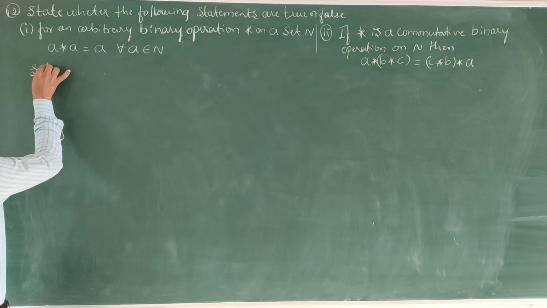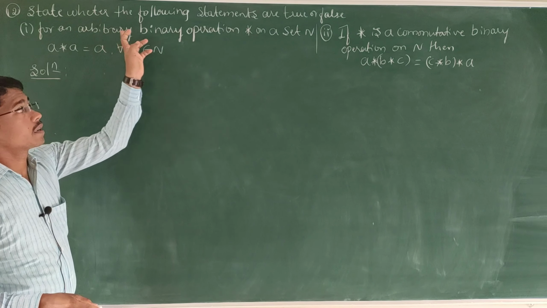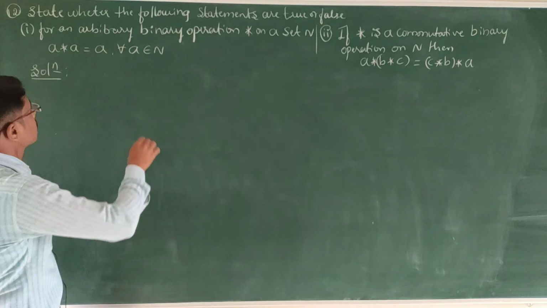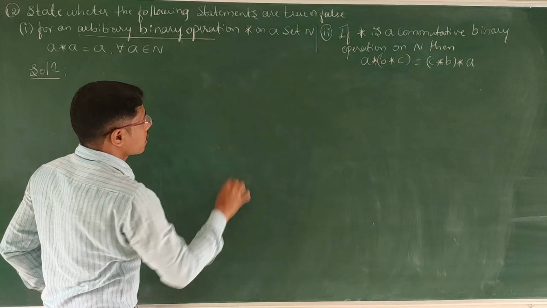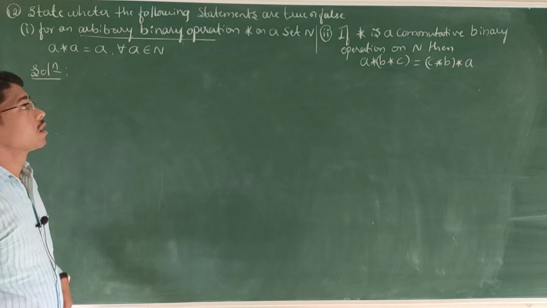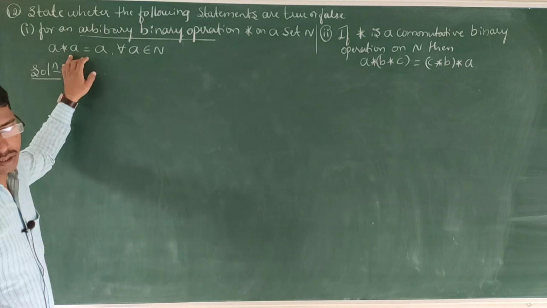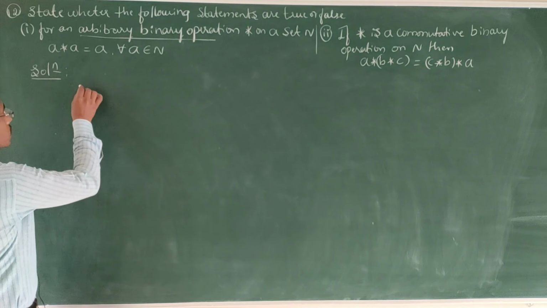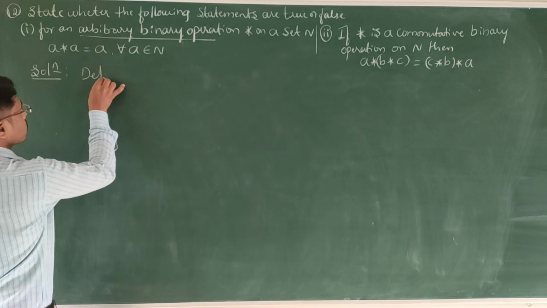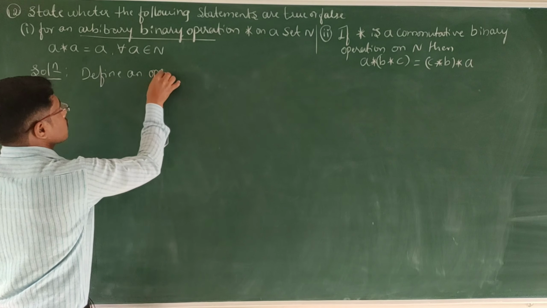They mentioned one word, arbitrary: for an arbitrary binary operation. So it means we can consider any binary operation and compare it with the given statement. Okay, define an operation.